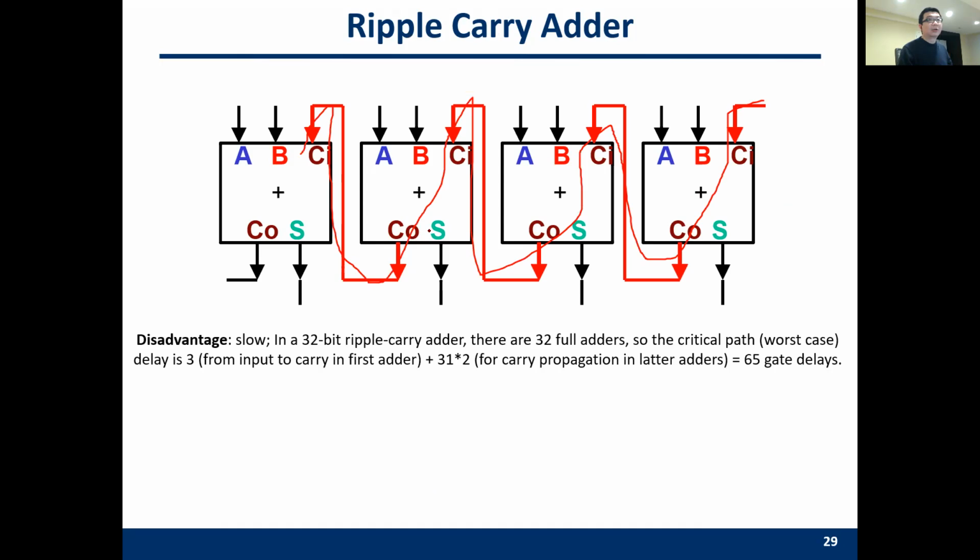With a very long critical path, we cannot make this adder operate at a very high frequency. So you can see how to compute the timing of the critical path of this ripple carry adder here. Basically, the critical path length is proportional to the number of bits this adder can add.